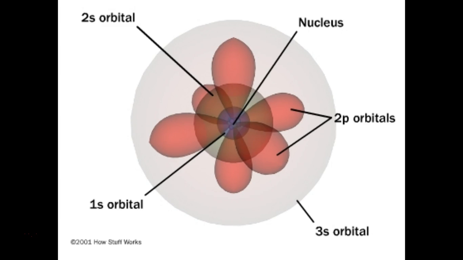This just shows you the shapes and how they fit together. So when you put electrons in, as I said, the first place that they go is the first energy level S orbital. That's called 1s. That is this small sphere that's right here going around the nucleus. So the first electrons go into this small central sphere called the 1s orbital, and then they go into 2s after that. 2s is this larger sphere.